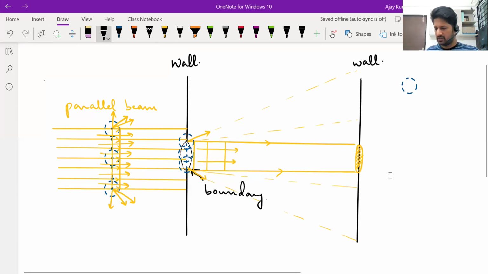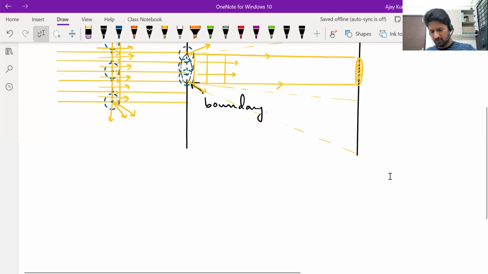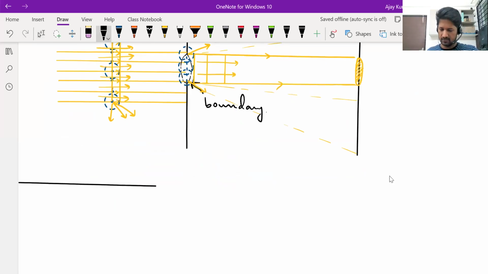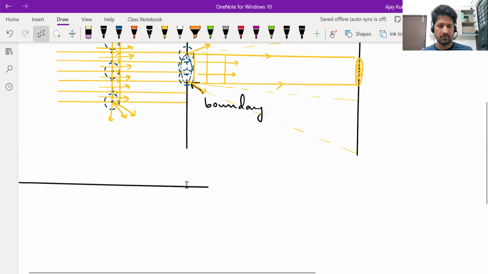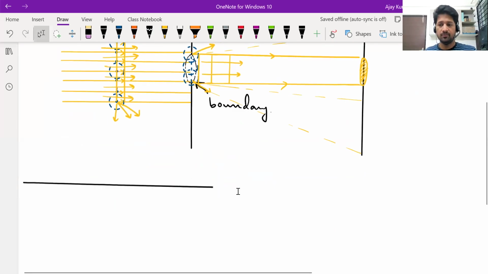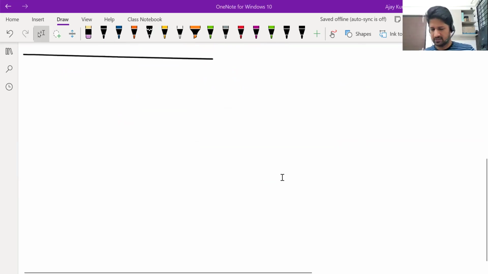And they already knew these phenomena of reflection and refraction of light. So if they believed that light is a wave, there had to be a way to explain reflection and refraction of light also by considering it as a wave, in terms of Huygens wave theory. So let's see how they did that.